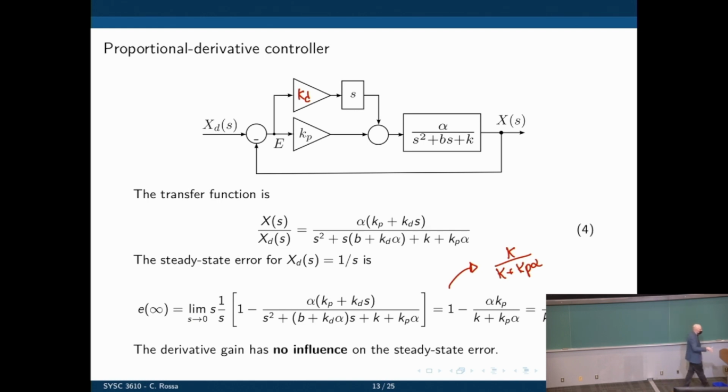And that makes perfect sense, because in a steady state, the derivative of the error is 0. So it should indeed do nothing. The derivative controller only works in the transient part. So long as the error is changing, the derivative controller does its job. Once the error is steady, then this system does absolutely nothing.